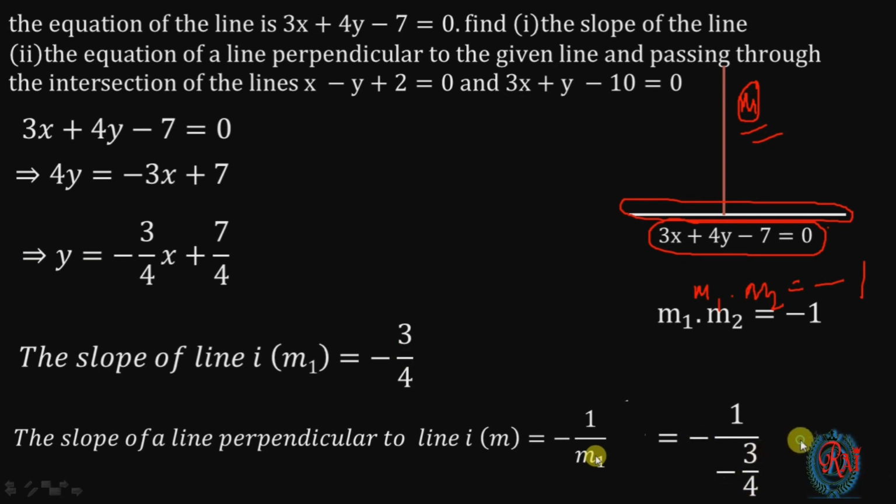Minus and minus will get cancelled. 4 will go up and 3 will come down. So the slope of this line, which is perpendicular to our given line, is 4 by 3.